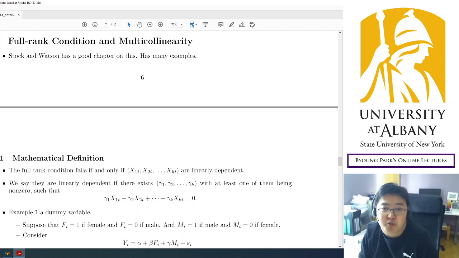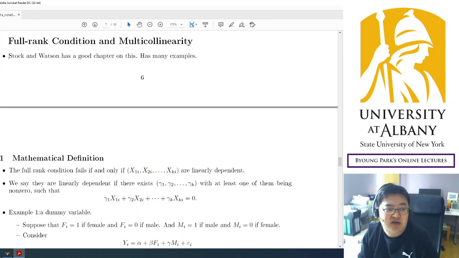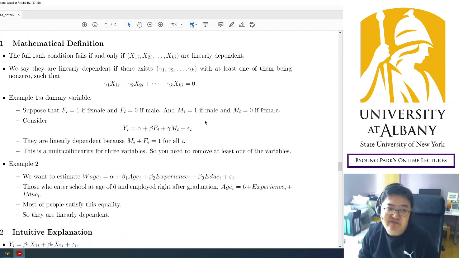You need to understand matrix algebra and some basic concepts like rank, linear dependence, and linear independence. But what's more important, I believe, is the intuition and how to understand and utilize the assumptions, so I'm going to focus more on the latter. First, let me state the mathematical definition, even though I think there are more important things to come.